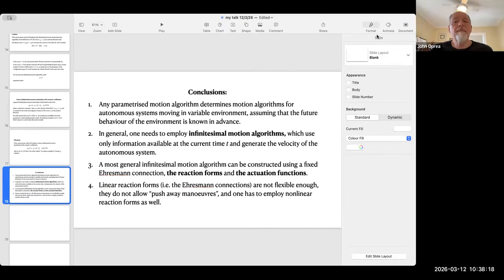This formalism doesn't cover the situation. It is a situation which requires a slightly more general approach.